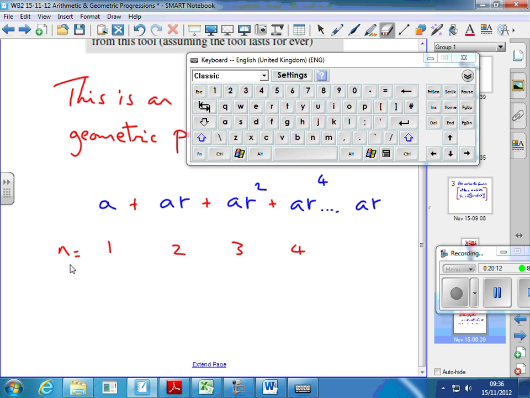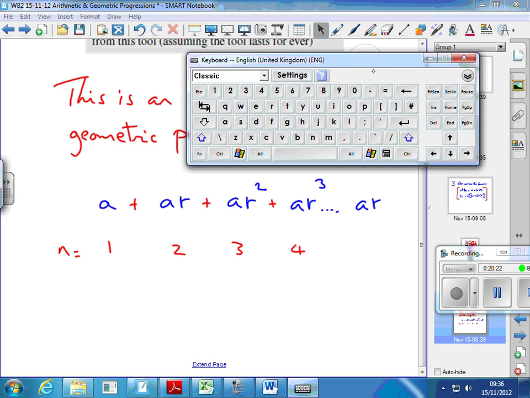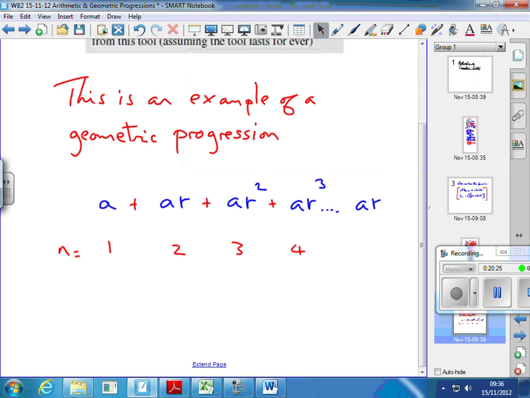Why did I go from 2 to 4? Anybody tell me? That should be a 3, shouldn't it? Nobody spotted that deliberate mistake? ar squared, ar cubed. I missed one out for some reason.